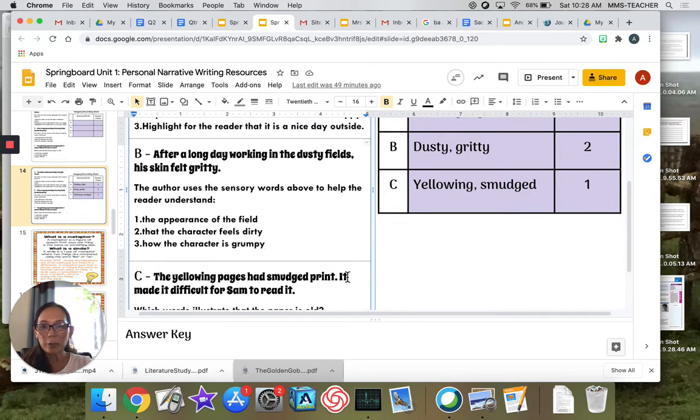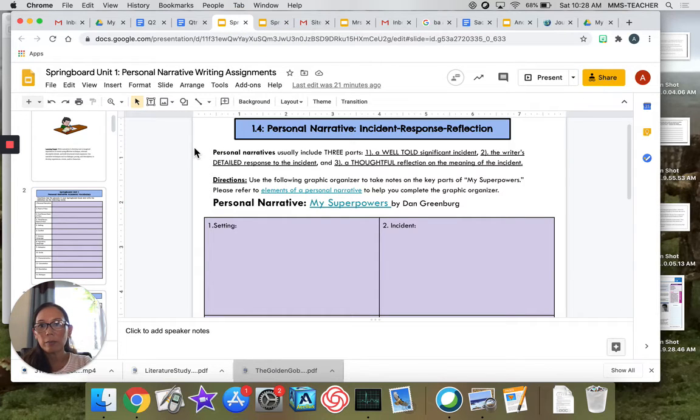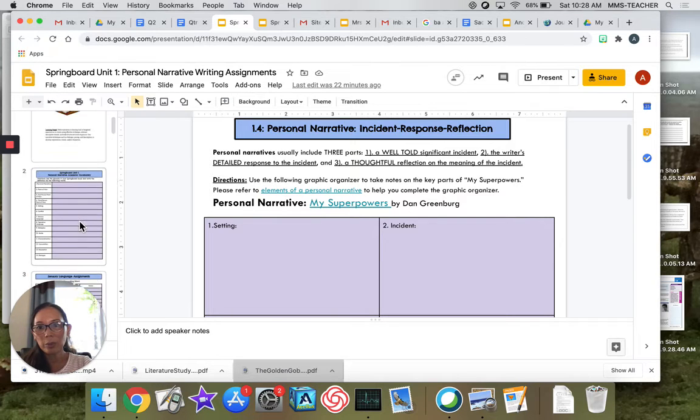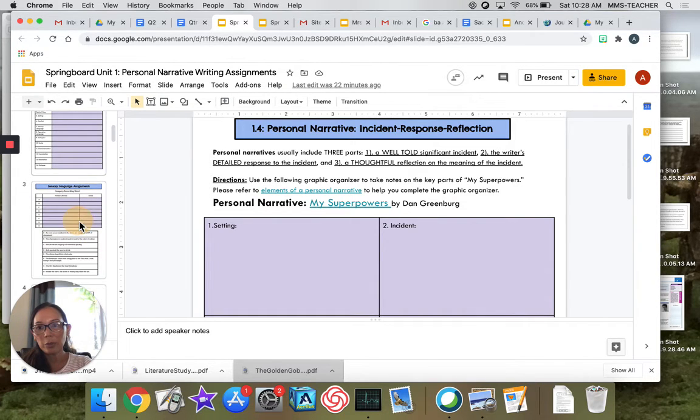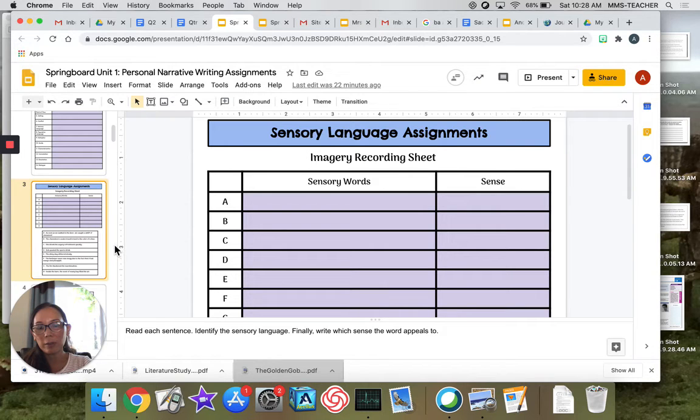Okay, now what you're going to do is you're going to go to your assignment slideshow, and you're going to go to slide number 3, and the directions for this say read each sentence, identify the sensory language, finally write which sense the word appeals to.